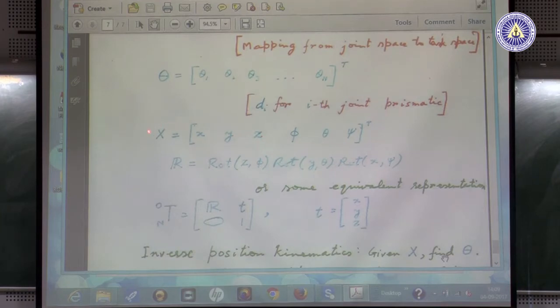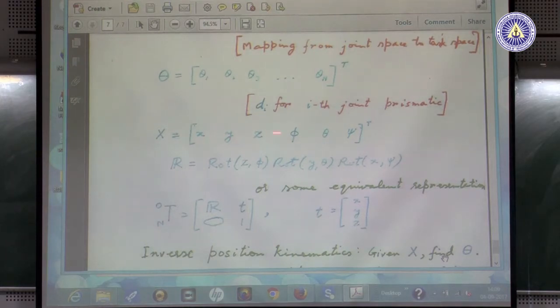The end effector position and orientation are given. I want the hand of my robot to go and get hold of this bottle in this orientation. So, this position and this orientation. For that, what joint variable values should I give here? That is the problem of inverse kinematics, inverse position kinematics.